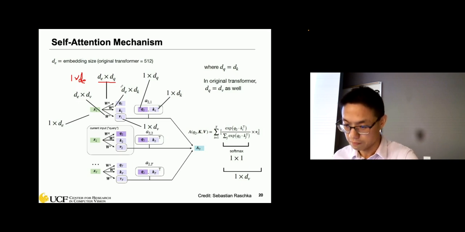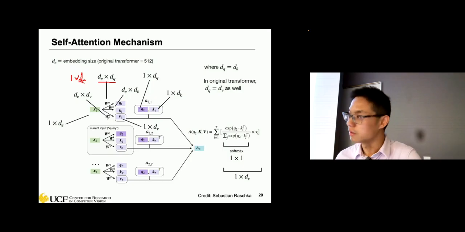You end up with Q1 being 1 times dq, the vector of Q. You will also have a dimension for the K matrix and for the value matrix.